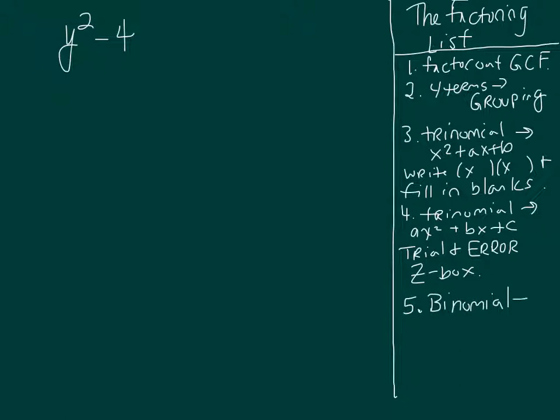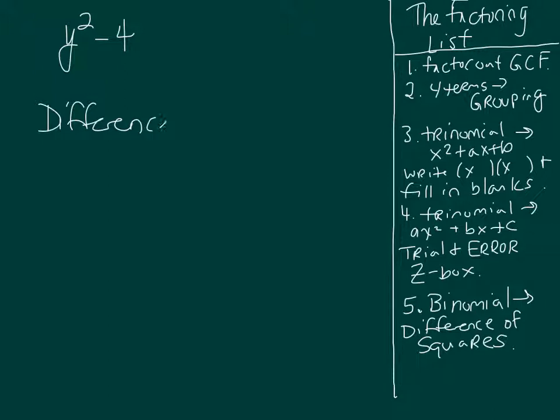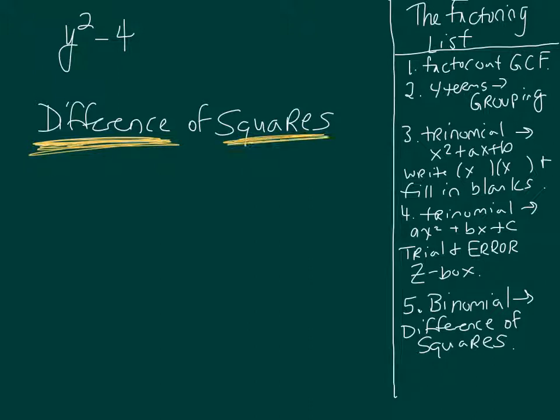will only be done if you have a binomial. And what you're going to do is look to see if your binomial is a difference of squares. Now, what is a difference of squares? Well, there's 2 parts: there's the difference, and there's the squares.